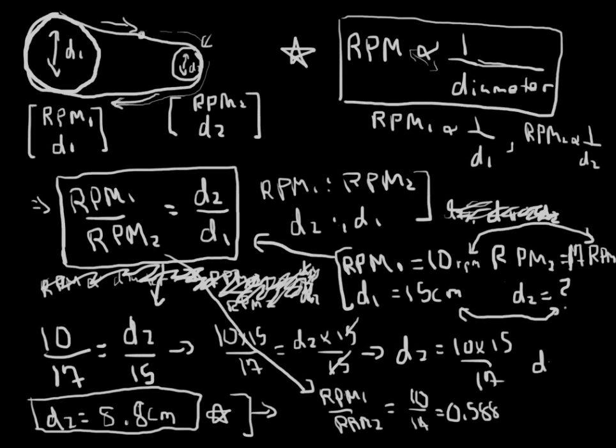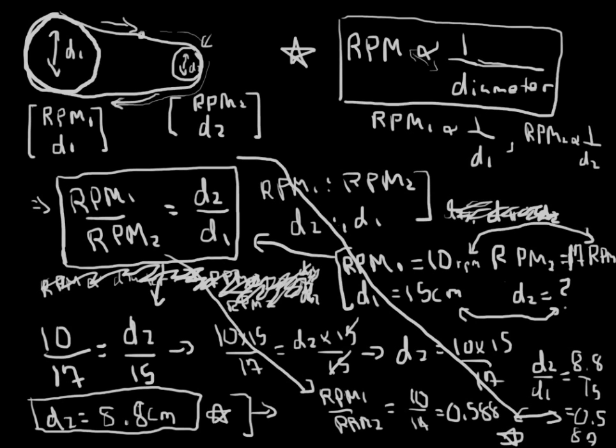And D2 over D1 is, we found it to be 8.8 over 15. Punch that in your calculator and you get 0.587, which is pretty much equal, and this holds true, so you know that you did it right.